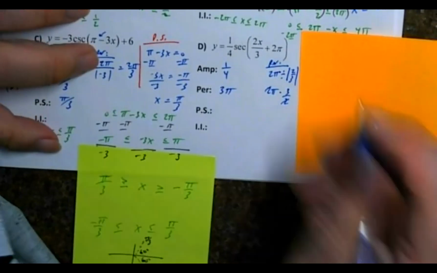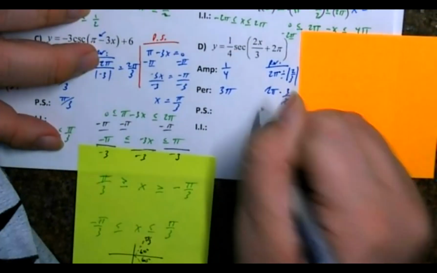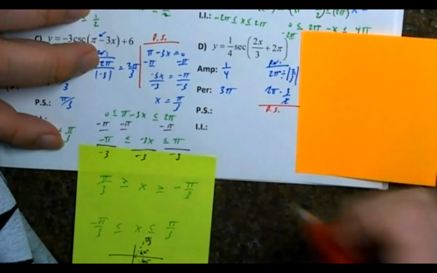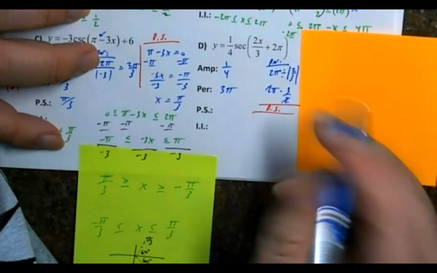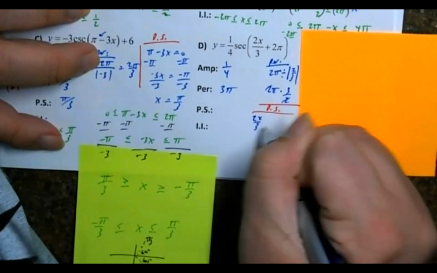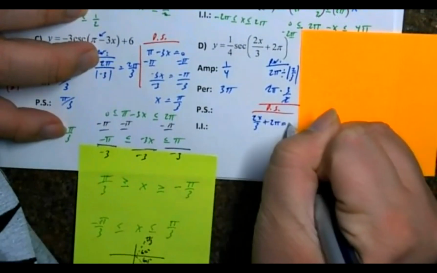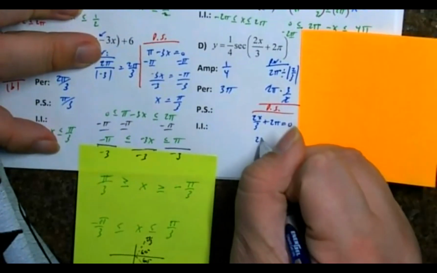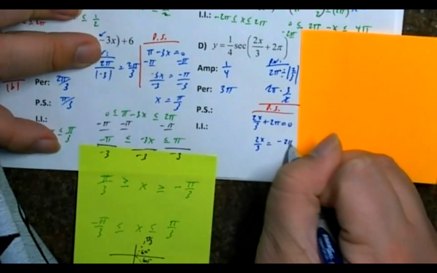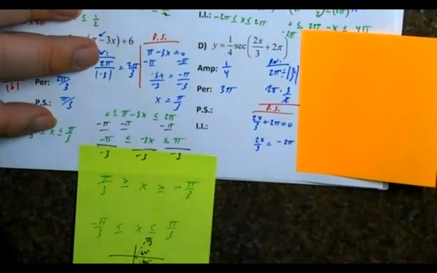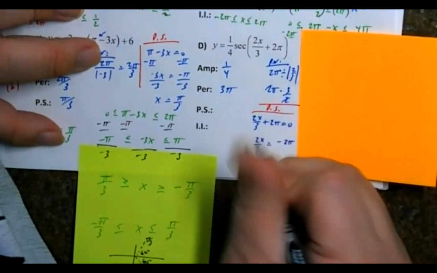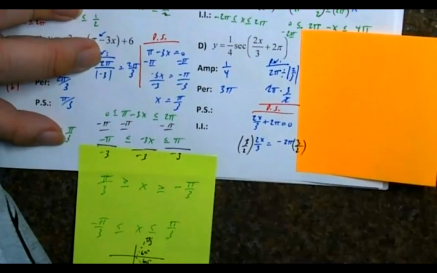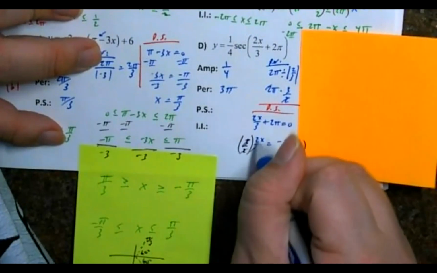Phase shift. Okay, for my phase shift, I'm going to take 2x/3 plus 2 pi, set that equal to 0, and solve it. So if I subtract 2 pi to both sides, 2x/3 equals negative 2 pi. Now if I multiply both sides by 3/2, these reduce.